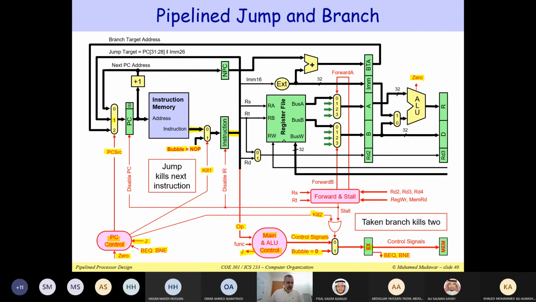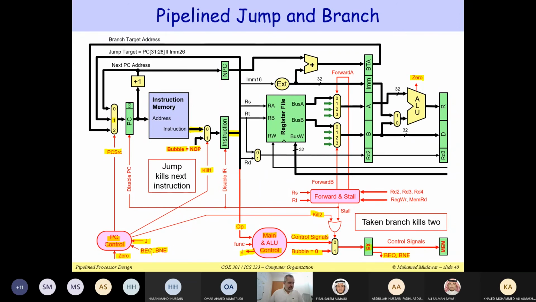Okay, Ali? The jump is equal to 1 and the branch will be equal to 1, one of them. It could be branch if equal or branch not equal. So we are branching and we are jumping. The instruction which is in the third stage of the pipeline is a branch instruction, while the next instruction, which is in the second stage of the pipeline, is a jump. So according to this control logic, it is a jump. So we have a branch and also we have a jump.